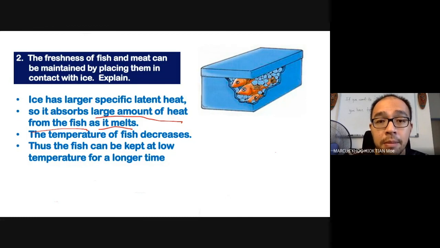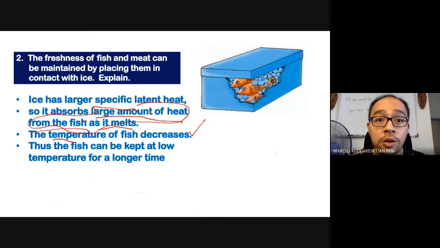But because of this, it will take a longer time to melt. But it will absorb the heat from the fish, and so because the heat from the fish is being absorbed by the ice, the temperature of the fish decreases.